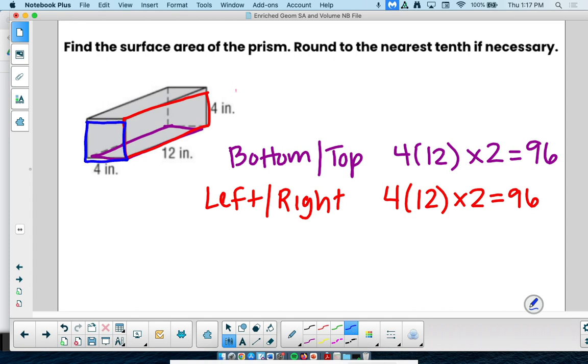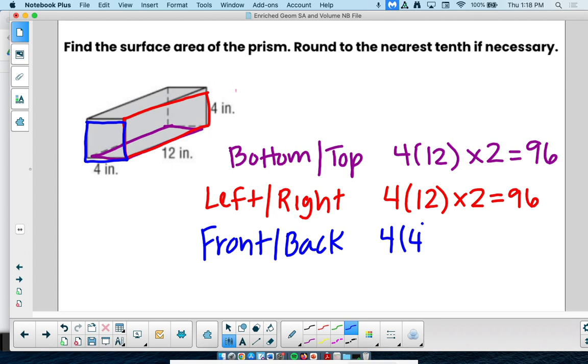Now we just have that front and back wall, that little guy. Front, back. What are the dimensions of that? 4 times 4. Is it okay if we multiply by 2 since the front and back are the same? Yeah. Okay, what does that give us? 32.